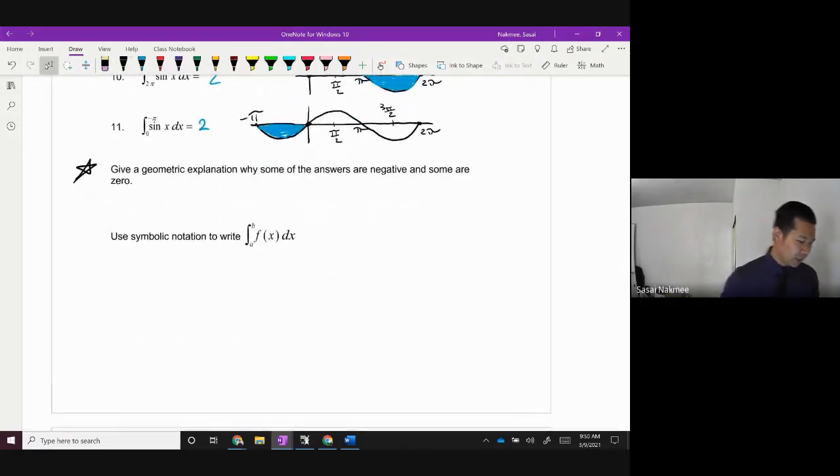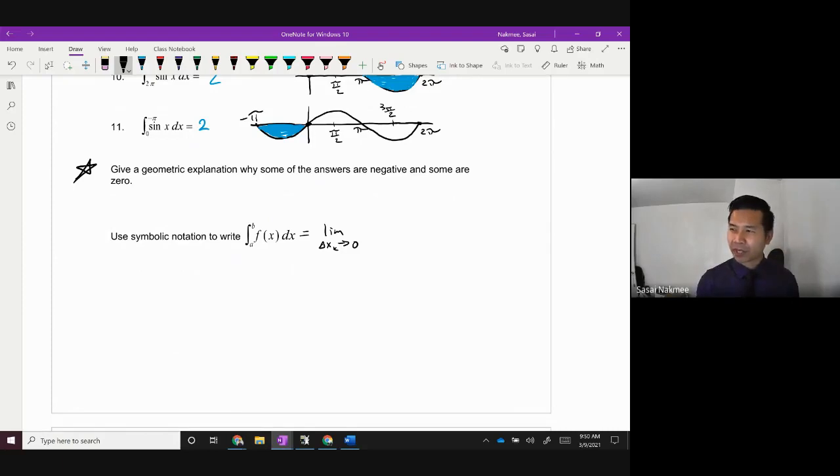I want to take a look at that. Use a symbolic notation to write the integral from a to b of f of x dx. The symbolic notation was what we had earlier. It's this guy right here. This is equal to the limit as each and every one of your delta x's approaches 0, right?